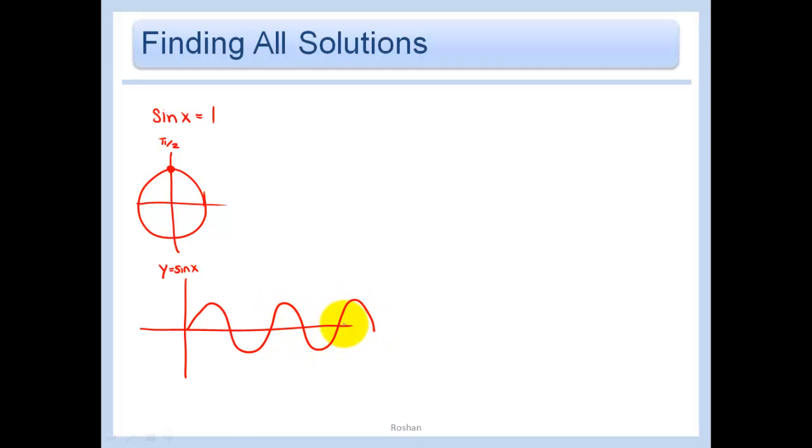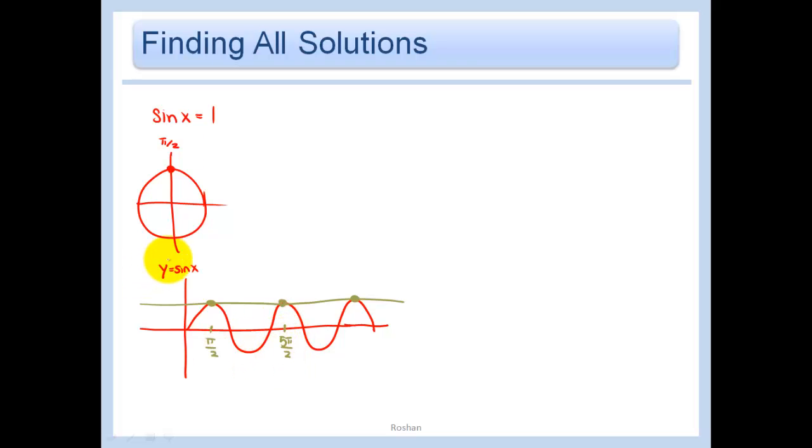It was cyclical. When I ask you, where does sine x equal 1, that means where does it intersect the line y equals 1? Obviously, this happens here, but it also happens here, and it also happens here. It actually happens at pi over 2, and then this was 2 pi, so this was 5 pi over 2, and so forth.